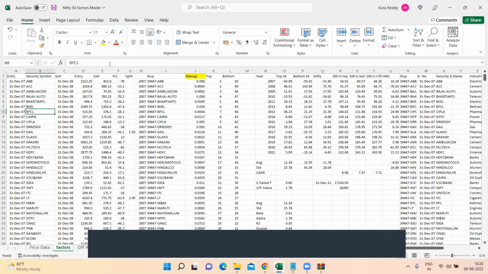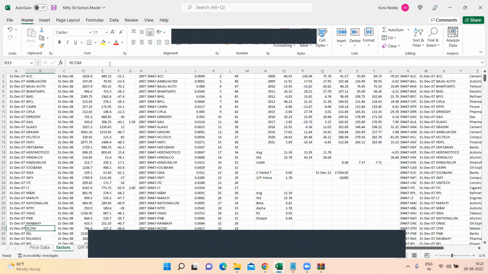You can see in 2007 you had Cairn. The company is gone. It's merged into Vedanta, right? Cairn Energy. You had Glaxo at that time. It is no more. You also had Idea, which is not anymore in Nifty index.